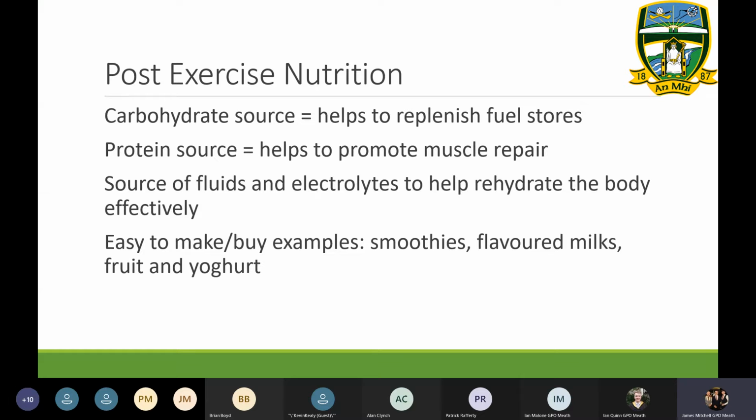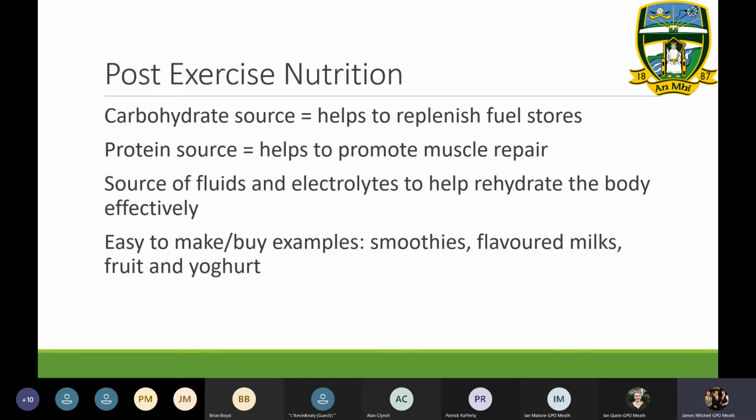With smoothies, we're hitting our carbohydrate source, our protein source, and we're getting fluids in. Same with the flavored milks, like Muju or Avonmore protein milk. You're hitting your carbohydrates, your sugars, a good source of protein, and you're getting half a liter, 500 mils of fluids into you as well. So really good and practical just after sessions.